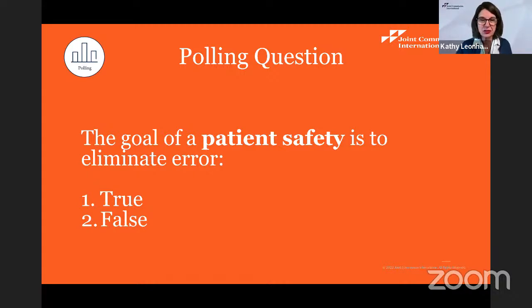In fact, the best quote is from James Reason, a psychologist in the UK who created the Swiss cheese model and did a lot of the research studying accidents to help us learn from the science of safety. James Reason's quote is that human error is a consequence, not a cause.